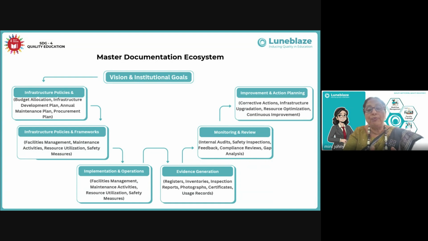So how do we optimize or upgrade our infrastructure, how do we use our resources at an optimum level, and how do we continuously improve our infrastructure? That is keeping our documents as well as evidence. So this is the master documentation ecosystem.